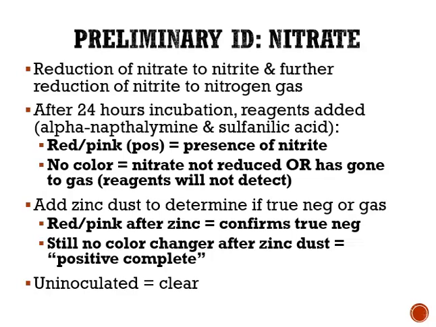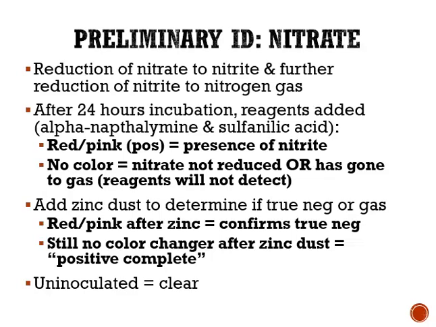So at that point, you then have to add a small amount of zinc dust to determine if you've got a true negative or if the bacteria further reduced to nitrogen gas. So if we have a red result after the addition of the zinc dust, this confirms a true negative, because that means that there was still nitrate left in the media that the bacteria had not reduced, but the zinc dust did.